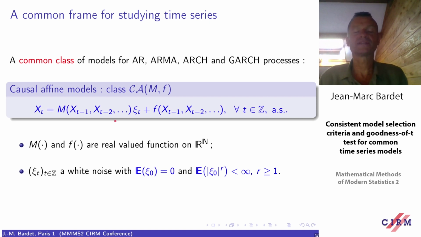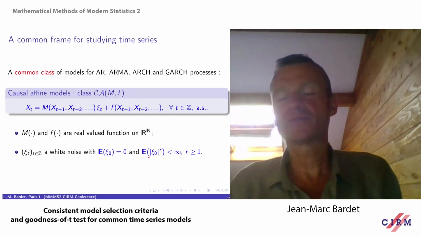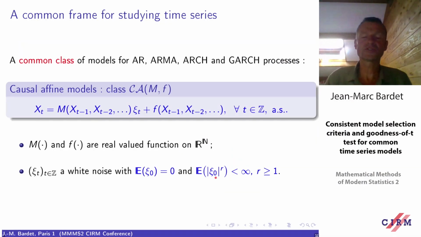This is why we say it is causal affine: causal because it depends only on the past values, and affine with respect to the white noise. With this definition, epsilon t is a white noise, but we also assume that the moment of order r exists for epsilon t, and r is supposed to be greater than or equal to 1.